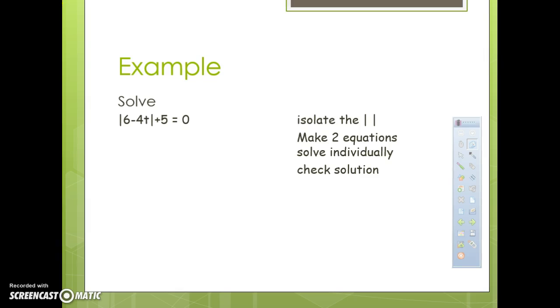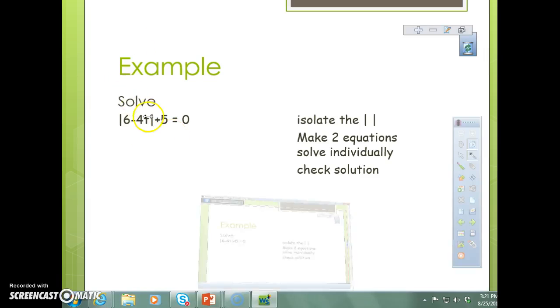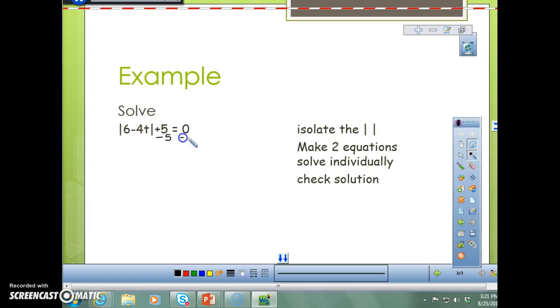Get rid of this plus 5. So how do we get rid of this? We're going to subtract 5, okay? I'm going to keep my bars. We are supposed to do the thing on the inside, but there's a variable, so I can't really add 6 minus 4t because they're not alike.